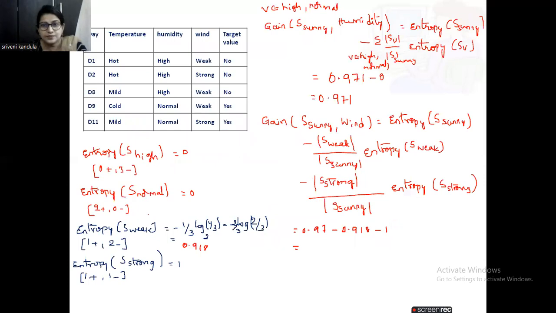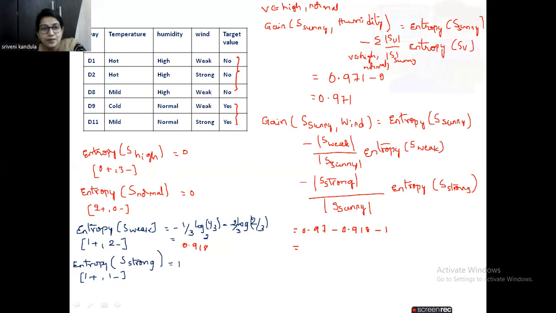Under humidity, the possible values are high and normal. And if you observe, all the highs have a negative value and all the normals have a positive value.